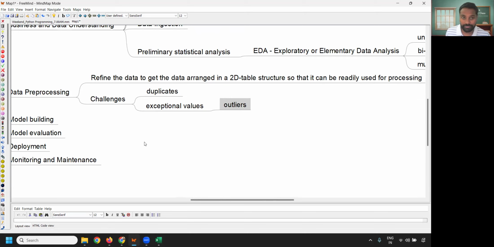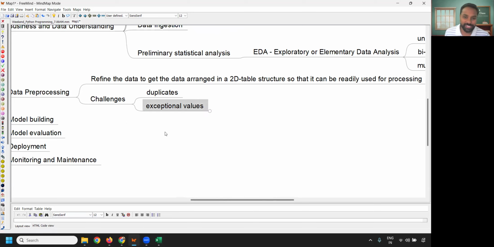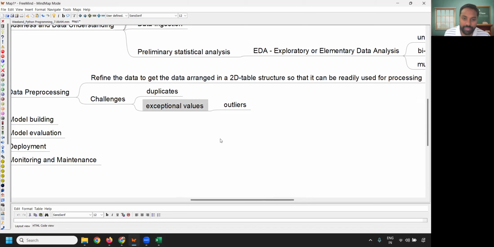A value that doesn't suit, that goes beyond the bounded limit, either above or below. So, in short, you can use this definition: an outlier is an exceptional value in the entire field. There could be one or more outliers, exceptional or extreme values when compared to the rest of the data points.